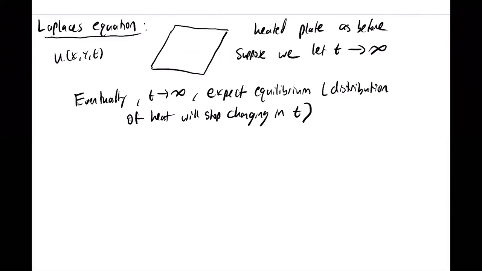Well, if you're in this equilibrium state, what does that mean mathematically? It means that there's no more change with respect to t. So if I take the time derivative, it should be equal to 0, right? But if this function describes the heat flow, remember we have the heat equation, where the time derivative is some constant times the Laplacian.